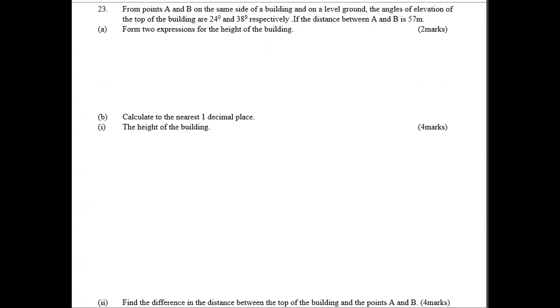I'm told that there are 2 points on the same side here, points A and B. They're on the same side of the building on level ground. The angles of elevation of the top of the building are 24 and 38 respectively. The distance between the 2 points is 57. We are supposed to form two expressions for the height of the building.